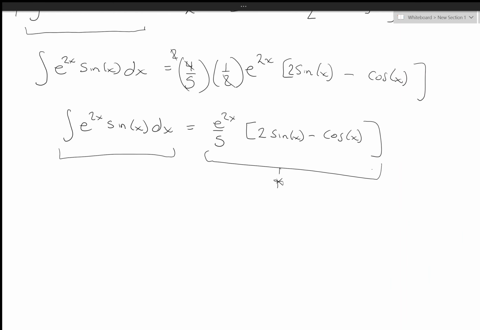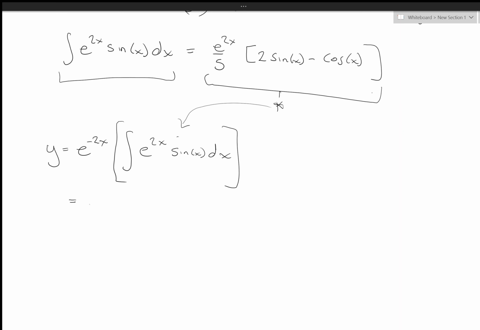Let me rewrite y as e to the negative 2x times this integral. This is what we wanted to solve, so I'm going to sub in what I have here into here.